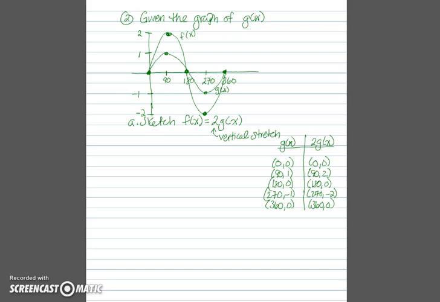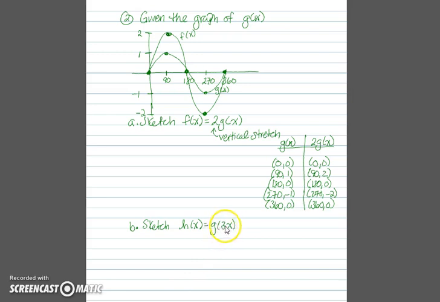So now we're going to do something similar. We're going to, again, refer back to g of x, but we want to create a new function, which we will call h of x. So we're going to sketch h of x equals, but now we're going to multiply by 3 on the inside, so g of 3x.